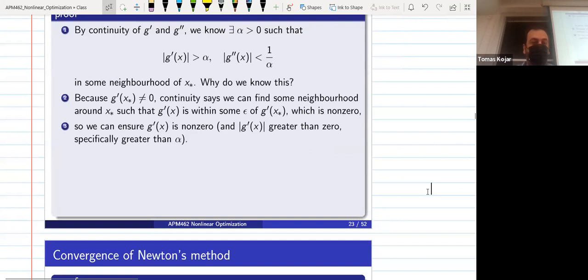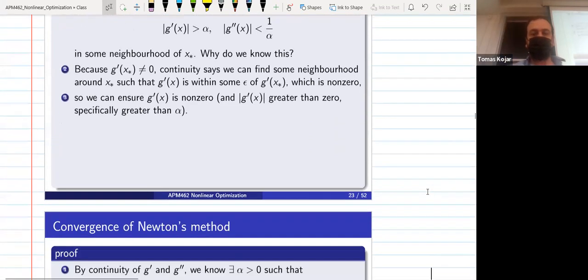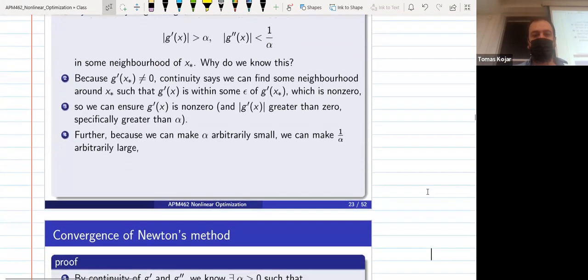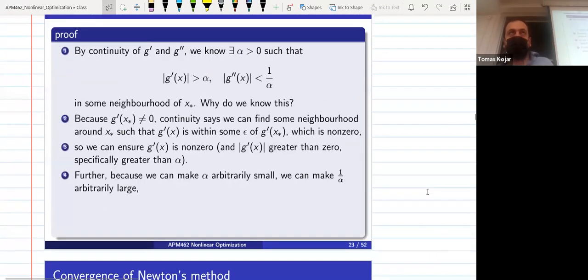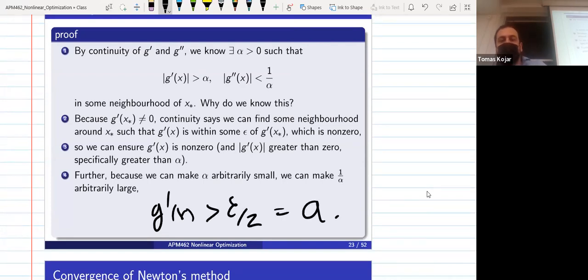So by continuity, you get that G prime of X will be bigger than this epsilon over 2, which they call alpha. This is in the book. They never use epsilon delta, they just say continuity.